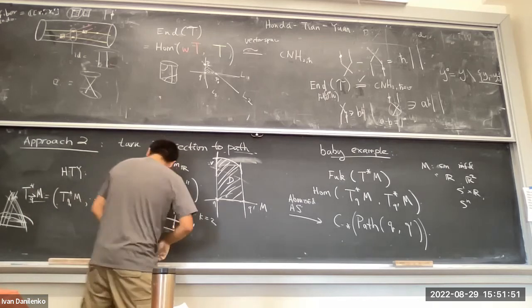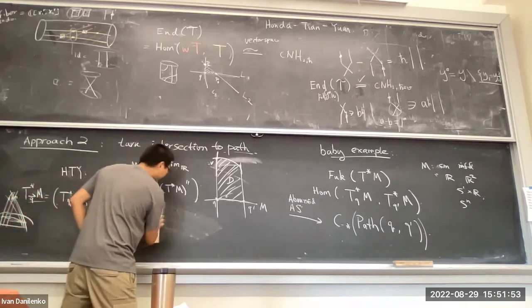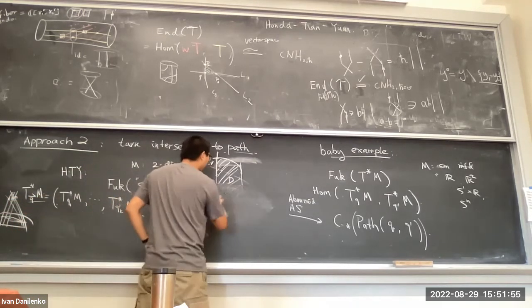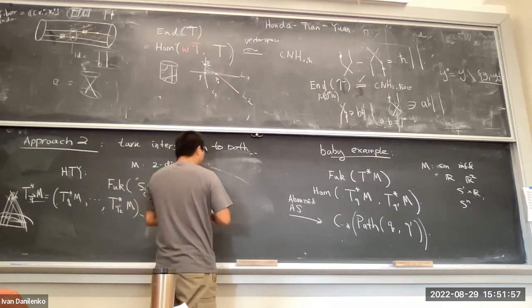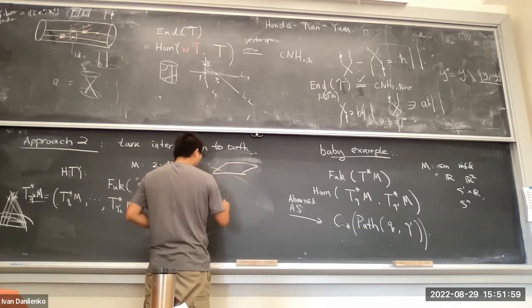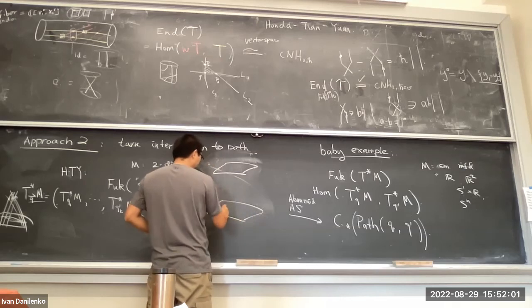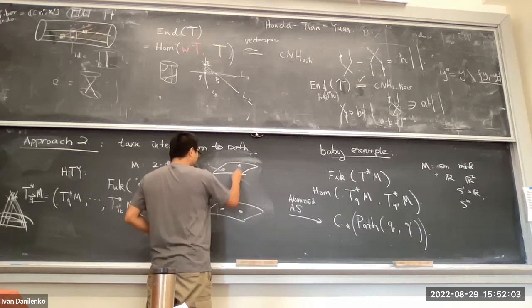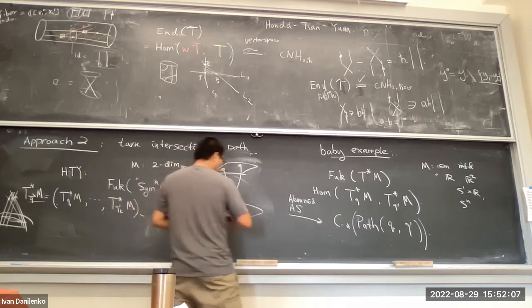If you want to draw this clearly in 3D, that exactly corresponds to an overcrossing or undercrossing ambiguity. And you do this, or you can do that.